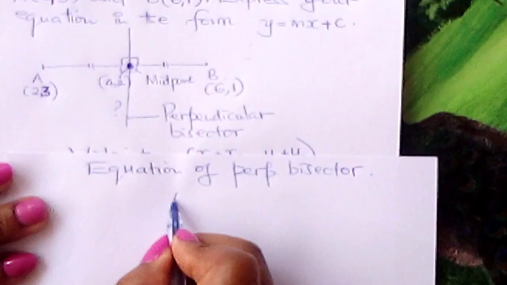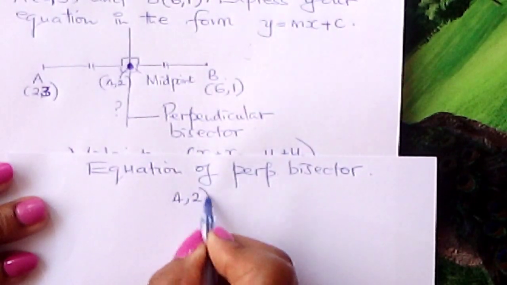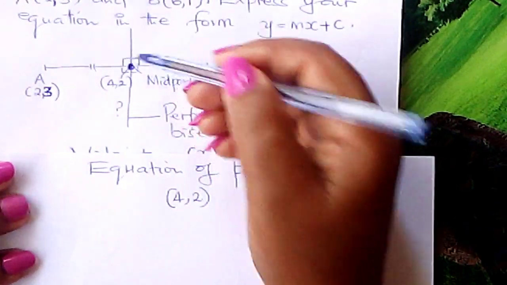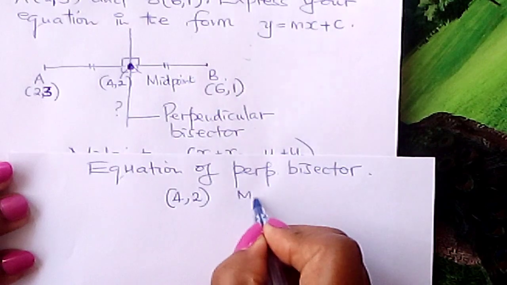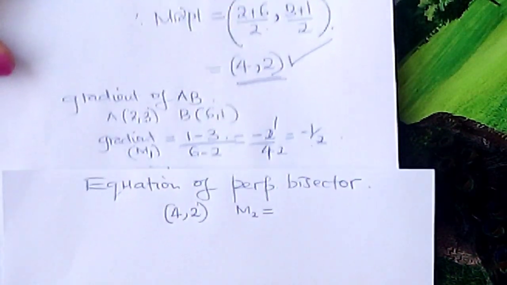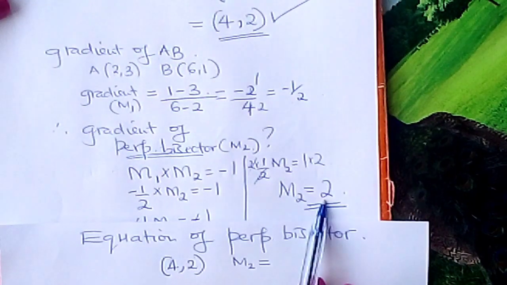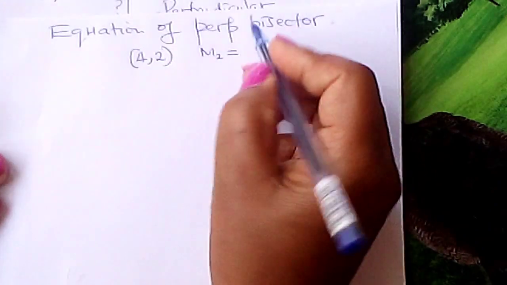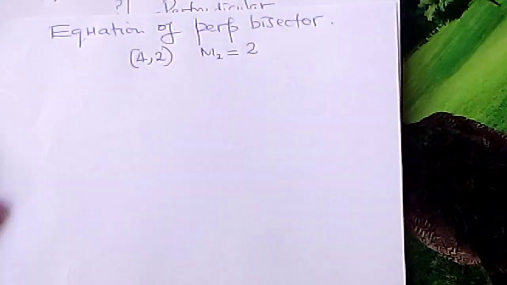You write it here, 4, 2. It passes through the midpoint. Look at this, 4, 2. The gradient of this perpendicular bisector, learner, we have just got it as what? As 2. Its gradient is 2. You come and fix it there.